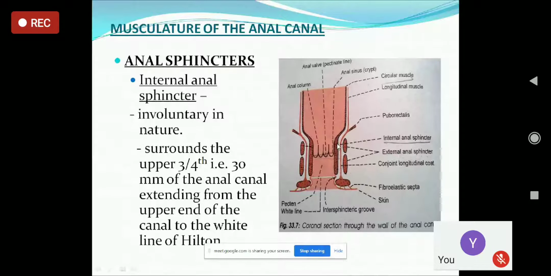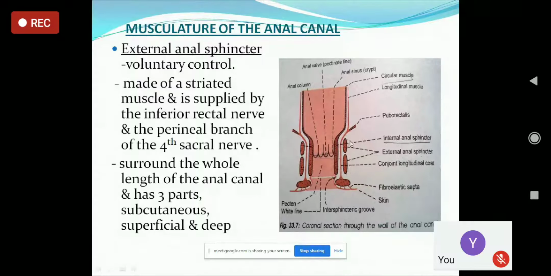It surrounds the upper three-fourths of the 30 mm anal canal, extending from the upper end of the canal to Hilton's line. So Hilton's line represents the lower end of the internal sphincter muscle. Are you clear? Hilton's line represents the lower end of the internal anal sphincter muscle.